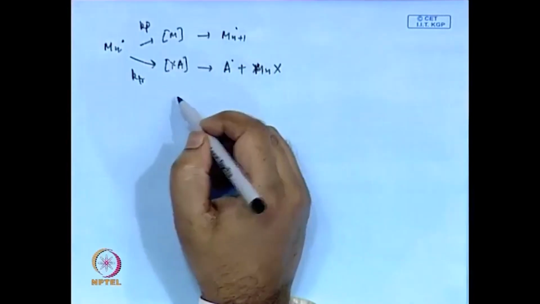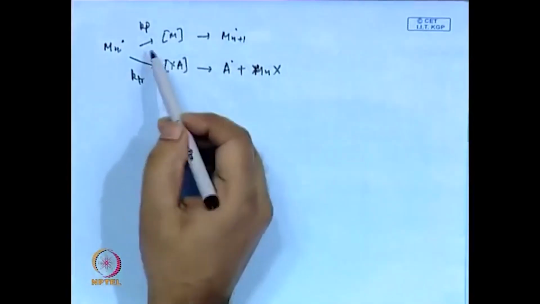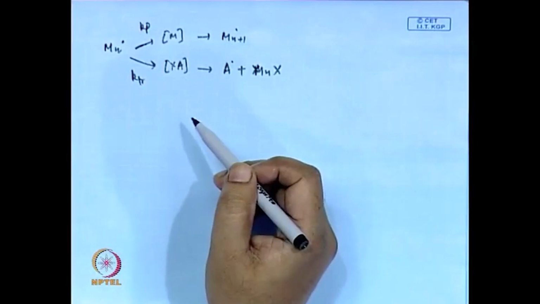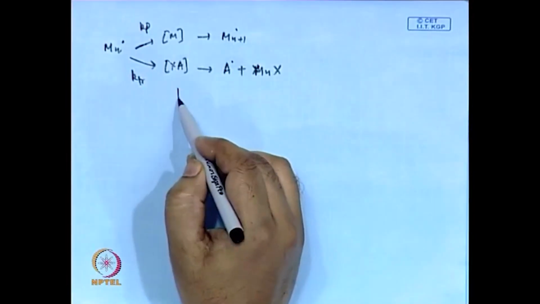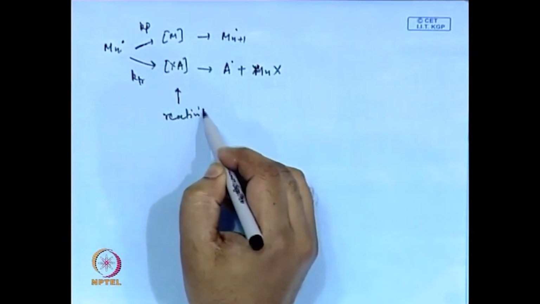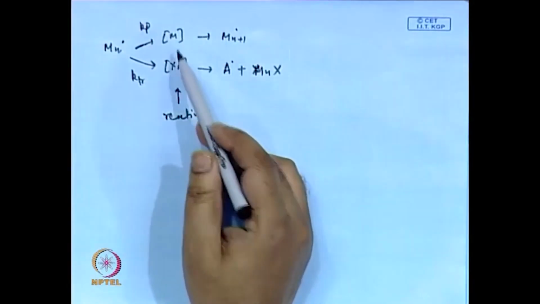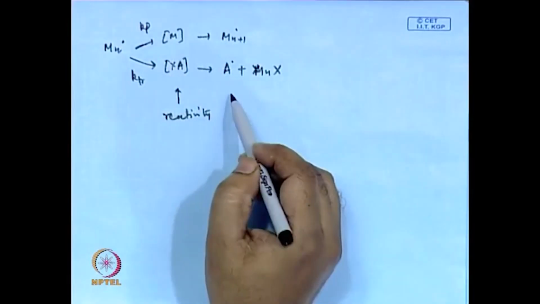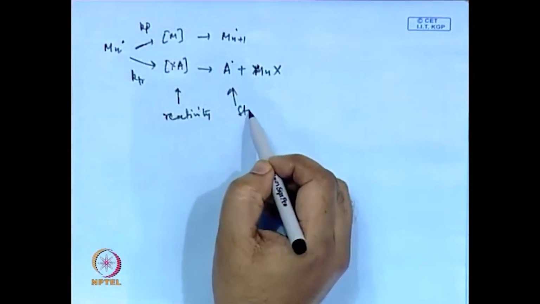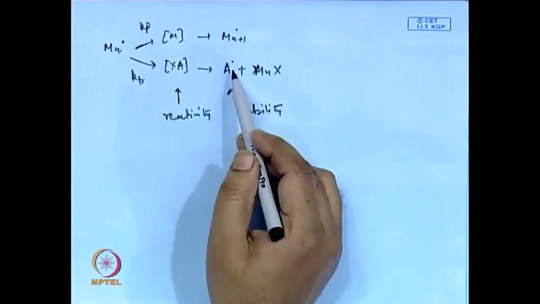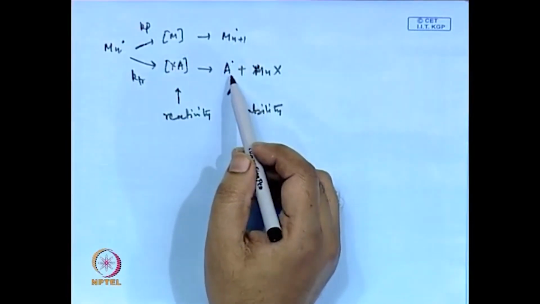Okay. Now, whether a chain transfer will happen, and to what extent, is determined by the reactivity comparison between the monomer and the chain transfer agent or the solvent here, and also the stability of this M_n dot or A dot.